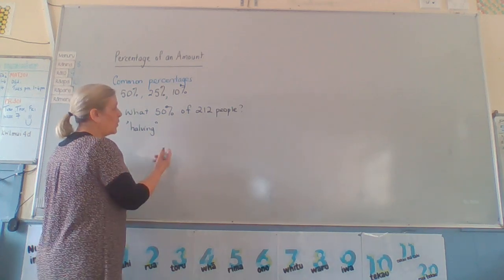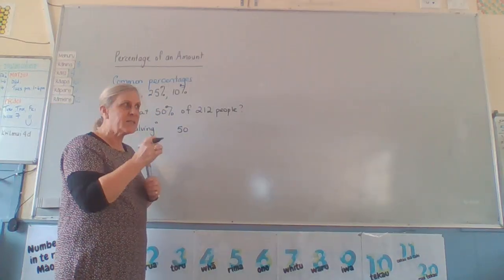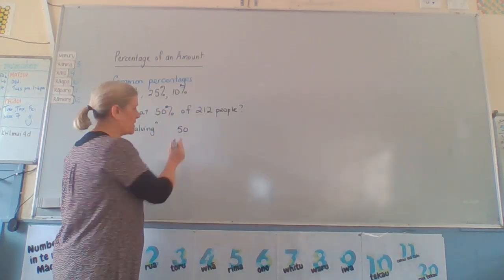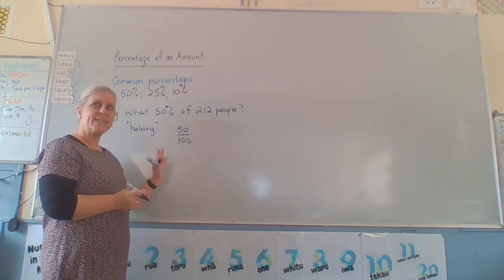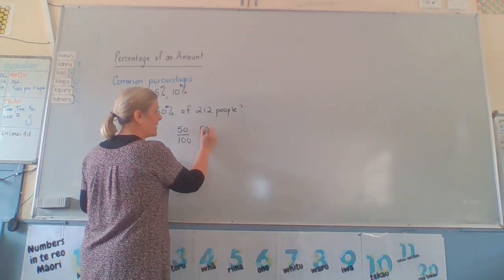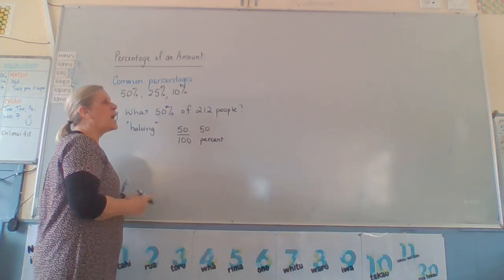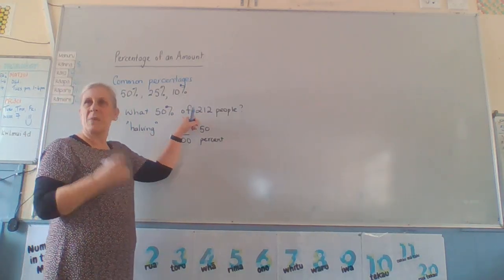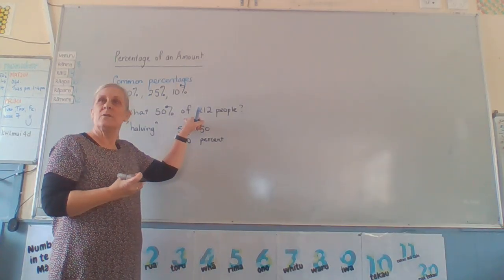All right? So if we know it's 50%, the percent part comes in as 50 out of 100. So that out of 100 part represents percent. 50%. And of, what's the mathematical calculation for an of?